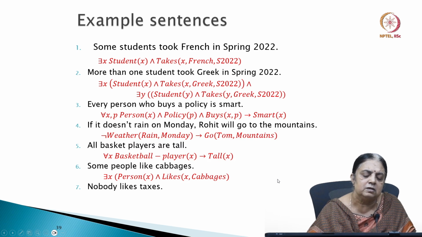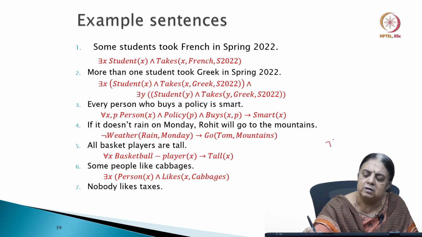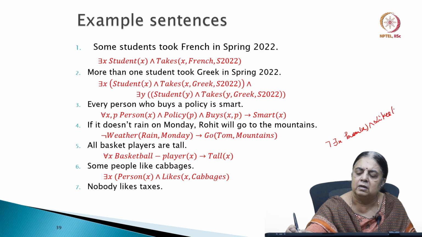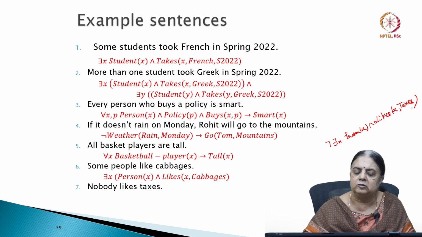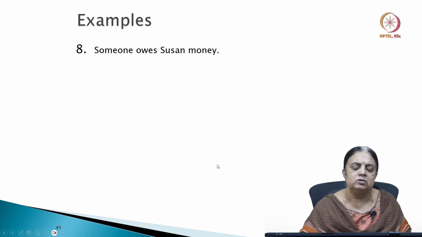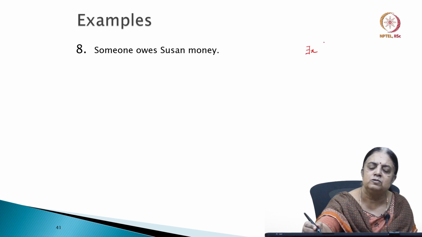Nobody likes taxes. There does not exist anyone who likes taxes. There does not exist X, person X and likes X taxes. Someone owes Susan money. So there exists some person X who owes Susan money.